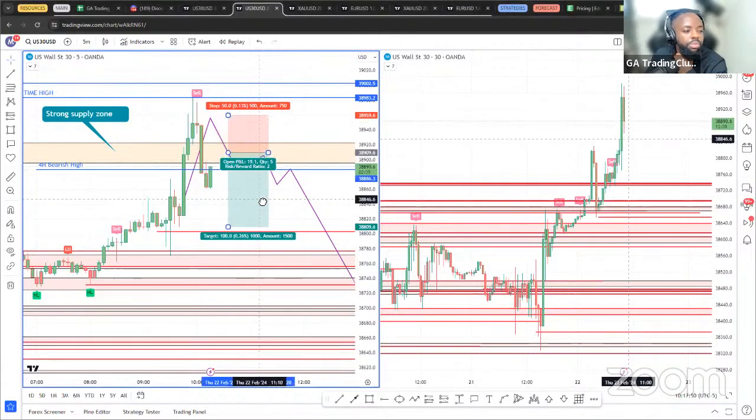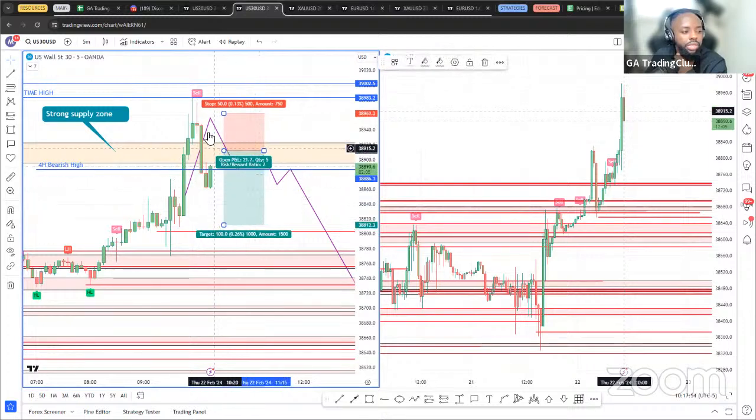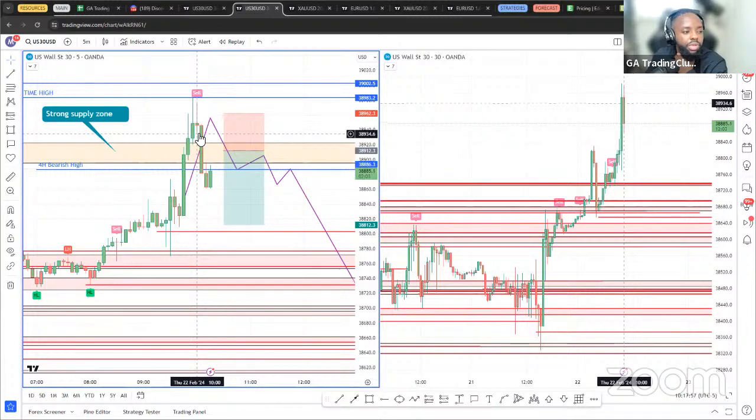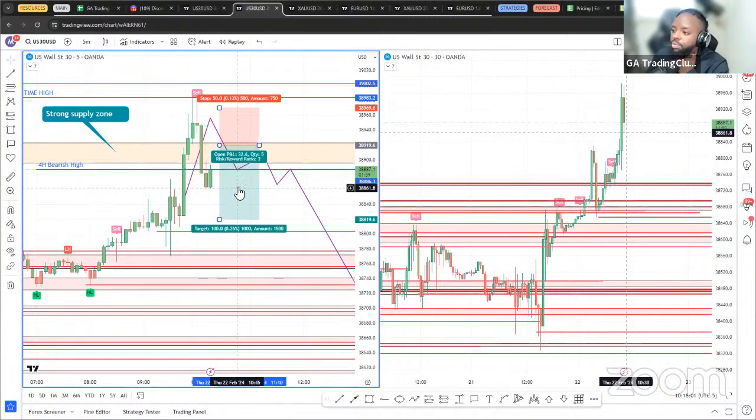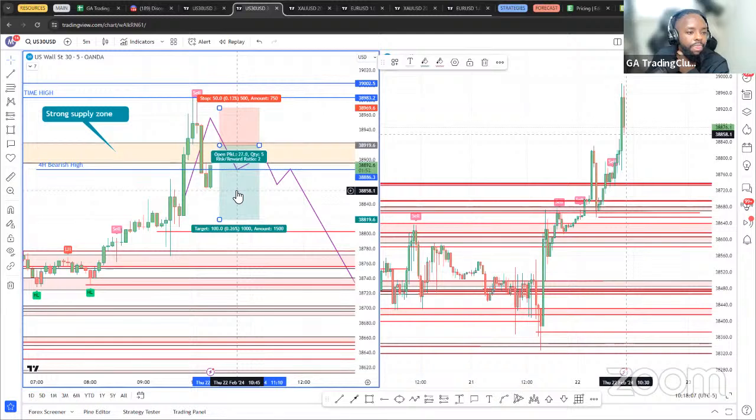I want them to push price up just a little more. And I can see we also have a fair value gap between these candles right here. So I want them to push price up. This is a tricky one.